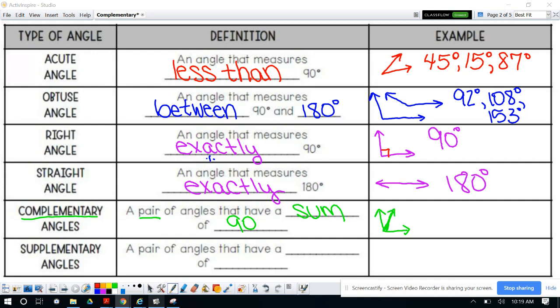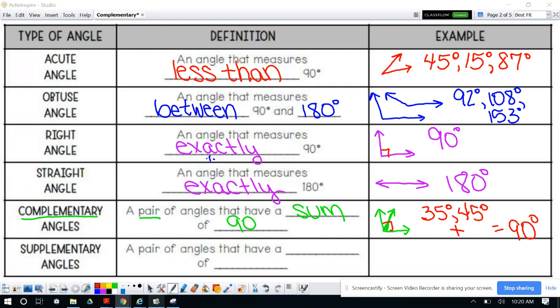And these two angles together make 90 degrees. Okay, so that might be something that's 35 degrees and 45 degrees. And when you add them together, they total 90 degrees.